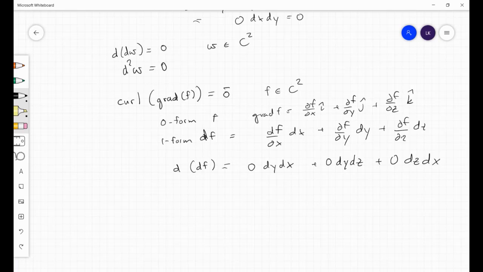So what's another one? Divergence of a curl, right? So if you have a vector field and you associate it to a 1 form, the curl of that vector field is the same as taking the exterior derivative of this 1 form to get a 2 form.